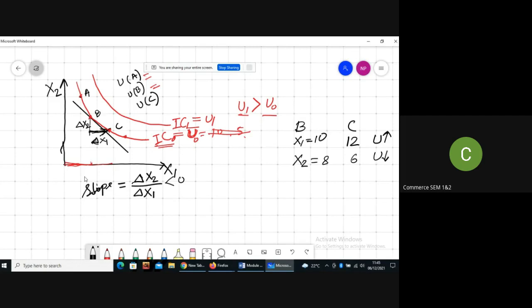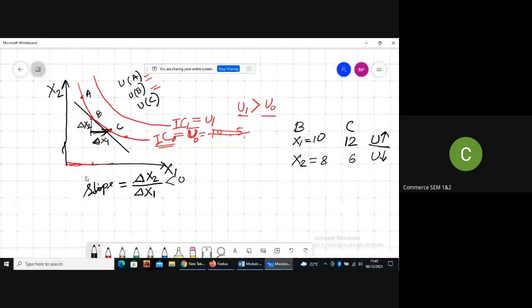So when you are moving from point B to point C, due to having more amount of x1, your utility rises. That means you have some gain in utility. Again, when you are moving from point B to point C, your amount of x2 decreases, so your utility will decrease to some extent.